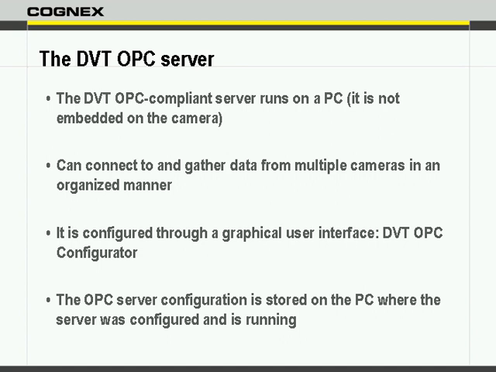The OPC server can connect to multiple cameras and gather data from them. And we will talk a little bit about how that information gathering is done behind the scenes a little later in the presentation.